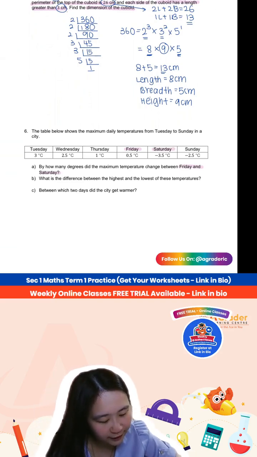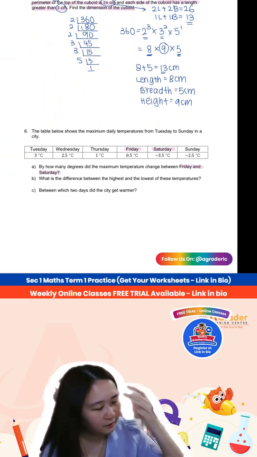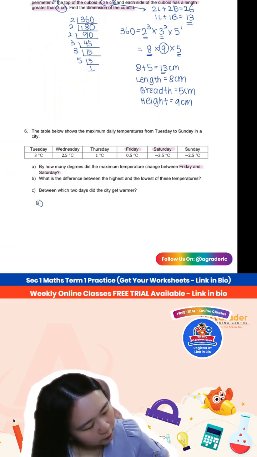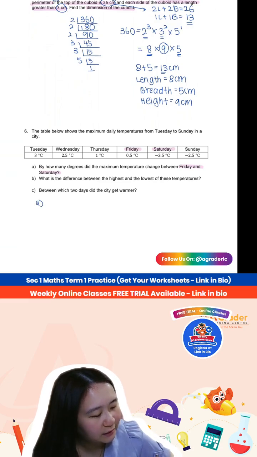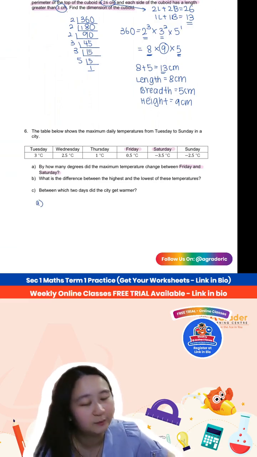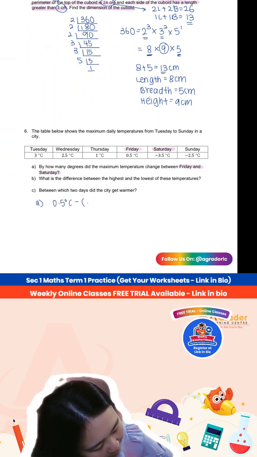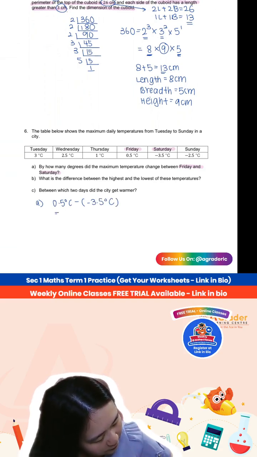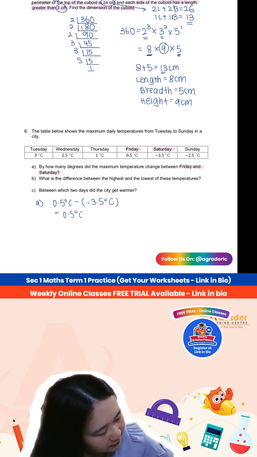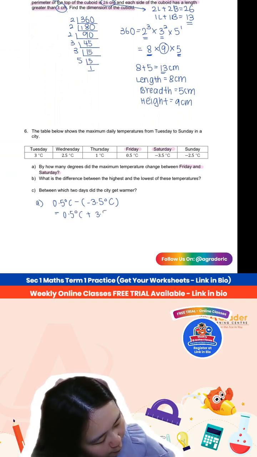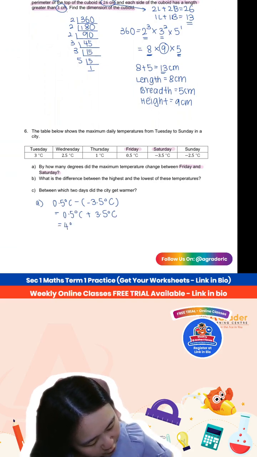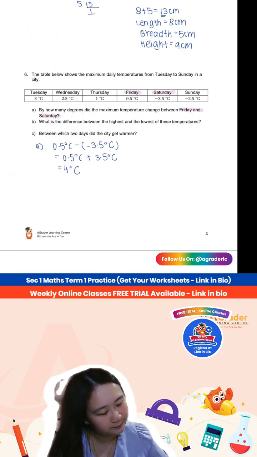Friday is 0.5, Saturday is negative 3.5. When you're finding a difference, always take the greater number minus the smaller number. So greater is 0.5 degrees Celsius minus negative 3.5 degrees Celsius. Negative times negative is positive, so I add 3.5, which will give me 4 degrees Celsius.